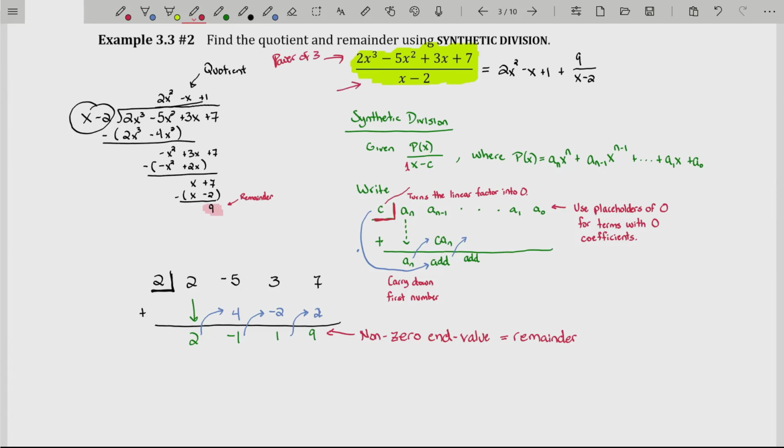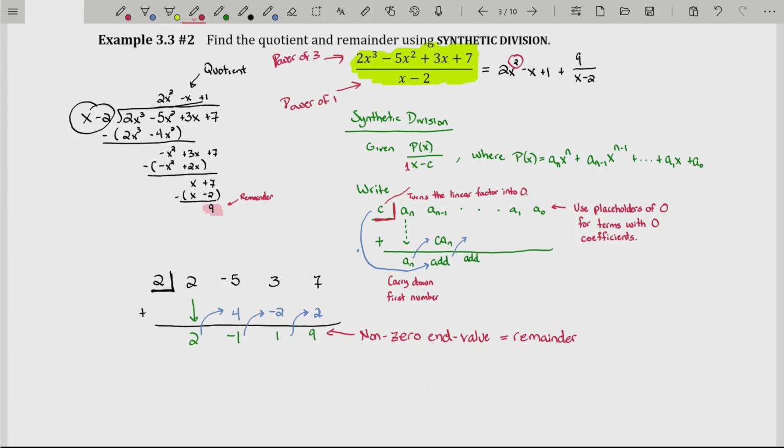The divisor had a power of 1. So when I do that long division, or synthetic division, doesn't matter what it is, the quotient should be power of 2. 3 minus 1 is 2. So that's where this 2 comes from, is the fact that you have a power 3 polynomial, or a degree 3 polynomial, divided by a degree 1 polynomial will be a degree 2 polynomial.